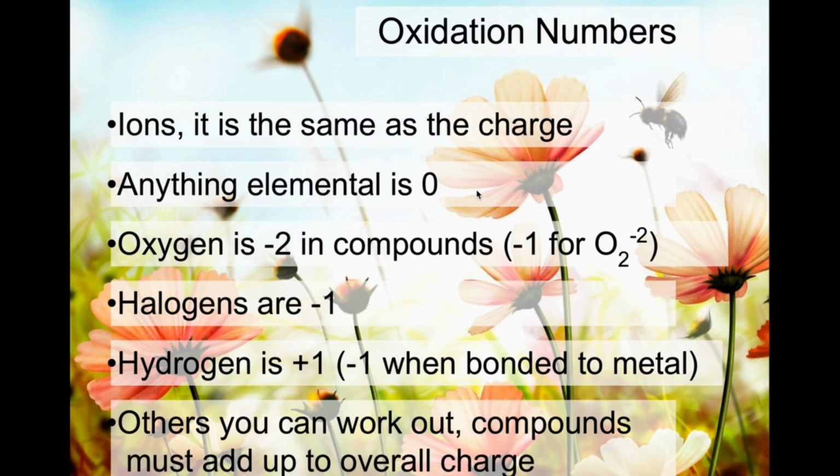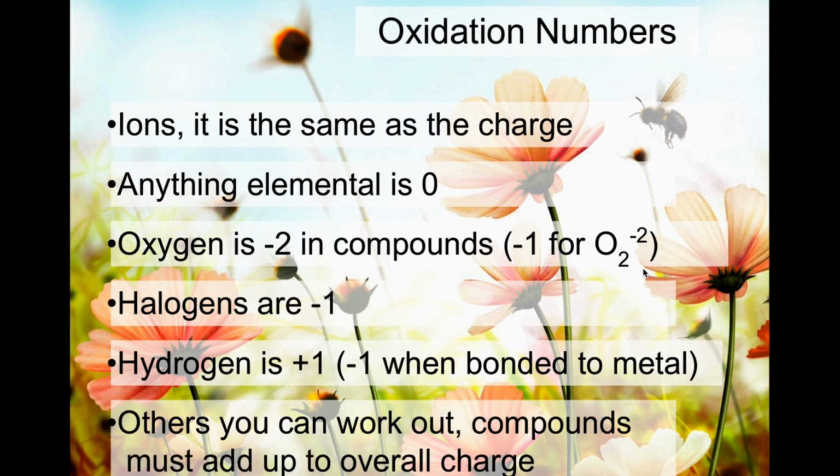And in H2O2, each oxygen has a -1 oxidation number. Halogens are -1. Halogens are group 17 in the periodic table, basically the second to last group.